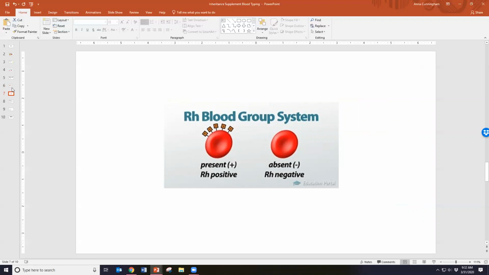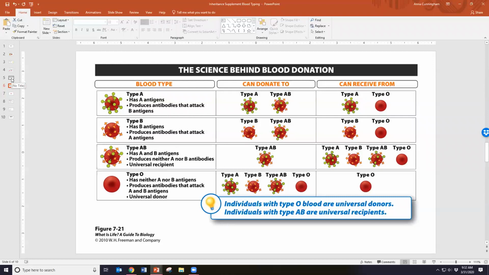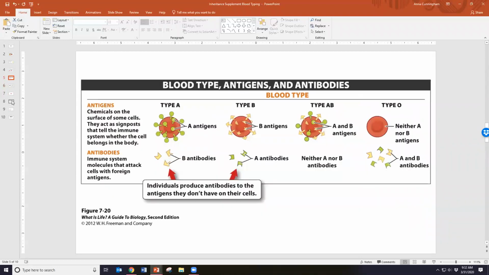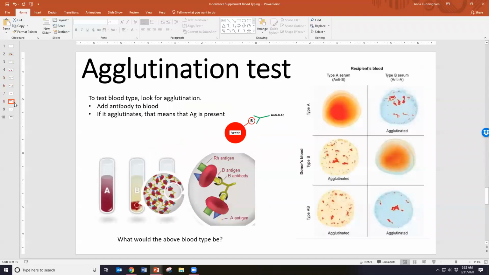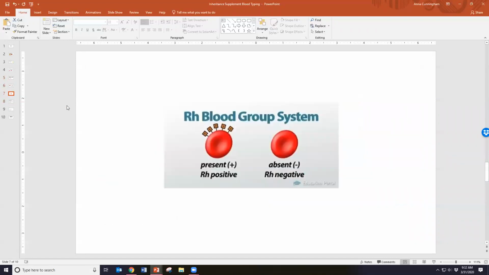As I mentioned, and as it was brought up last week, A and B is not the only type of antigen present on the red blood cell surface. We also have to worry about another antigen, the Rh or rhesus factor, sometimes called D. That is a little more simplistic, basically just whether it is there or not.